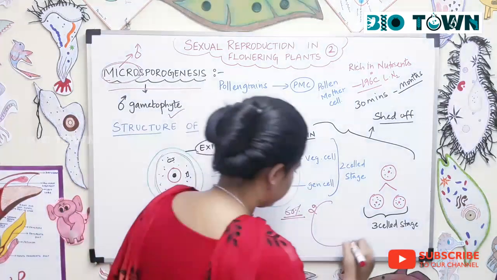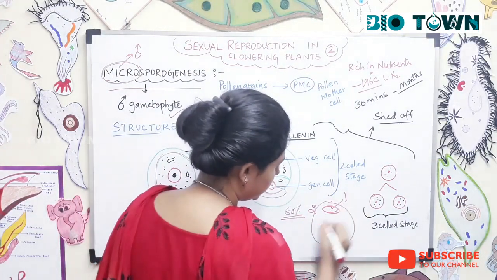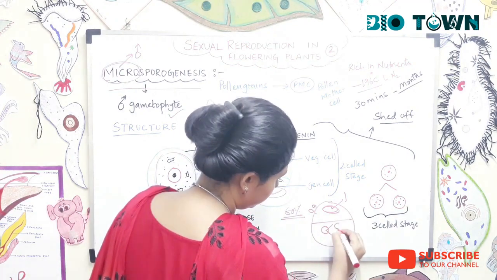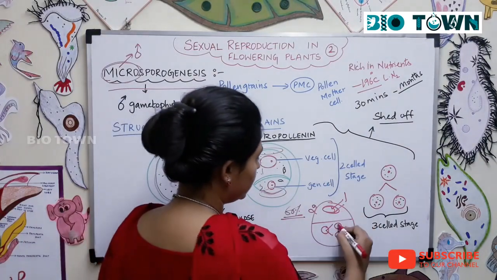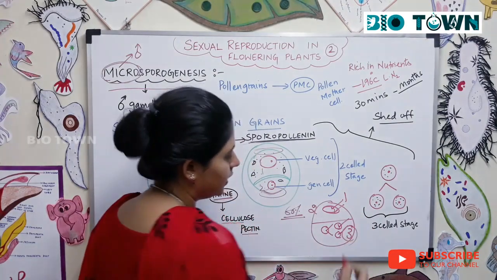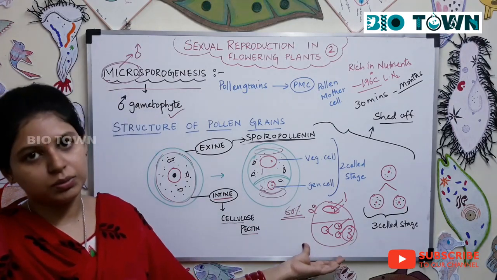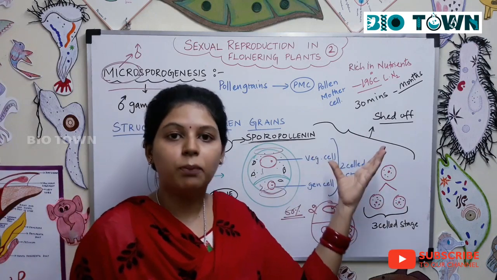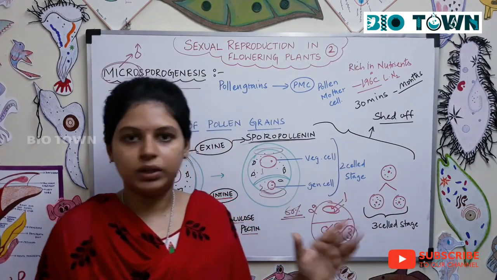So there is one vegetative cell, and the generative cell undergoes mitotic division to form two generative cells. So you have cell 1, cell 2 and cell 3. That is, it forms a 3-cell stage in the other 40% of angiosperms. So either in the 2-cell stage or the 3-cell stage, the pollen grain is now ready to be shed off and fuse with the ovary.